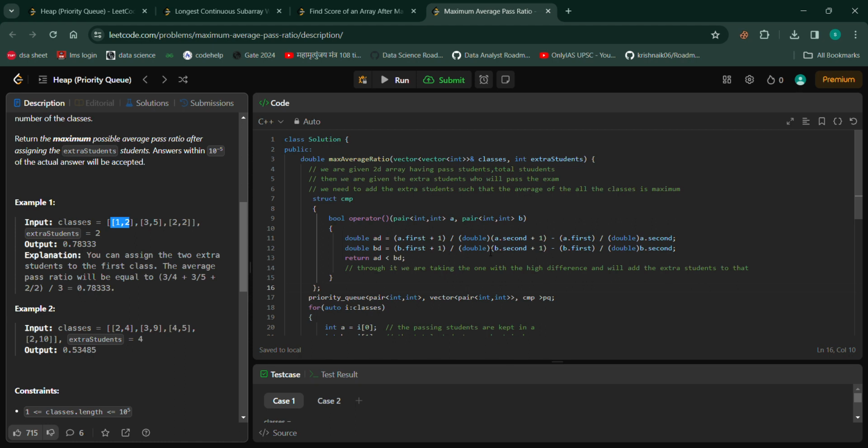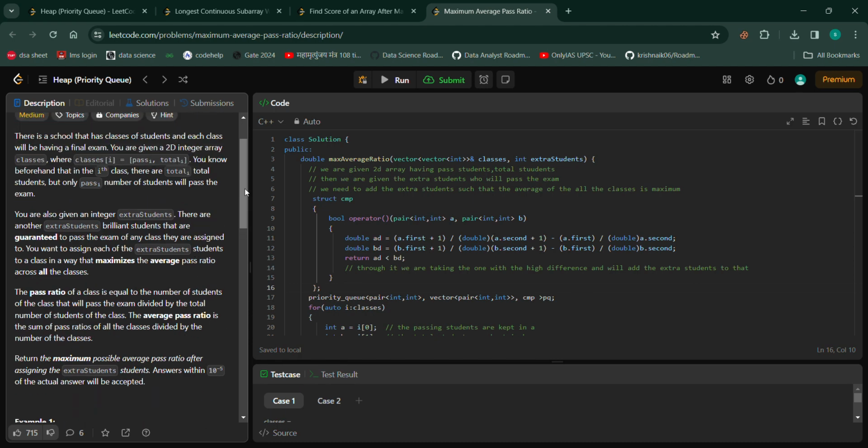So what we are doing is adding the extra one to the given counts so that we can get the difference, and we take the fraction, 3 by 5 or 2 by 2 or 1 by 2, which has the highest difference, so that we can know which among these has the lowest fraction, so that we can add the extra student to that element.